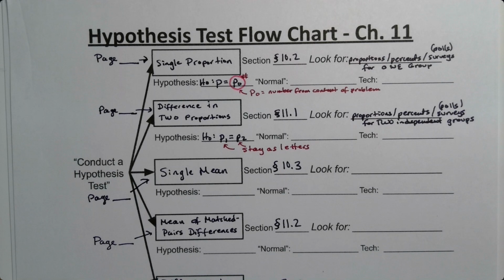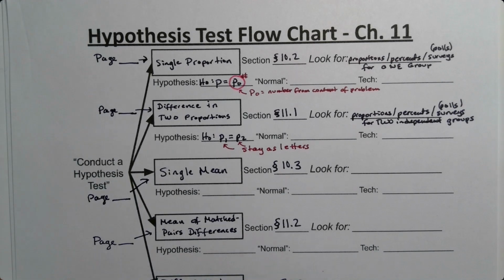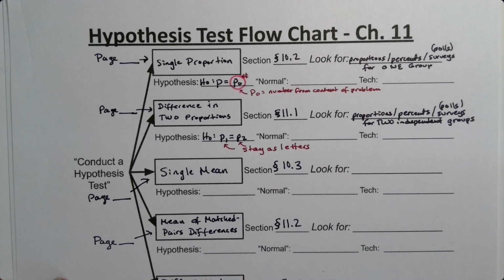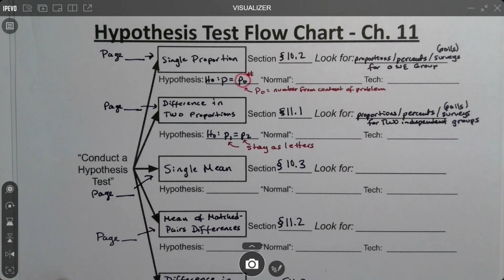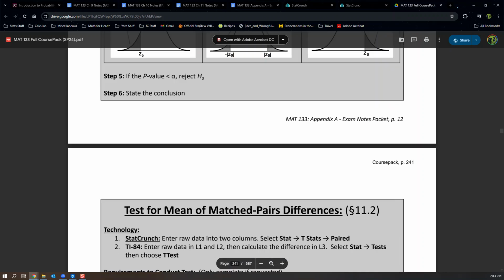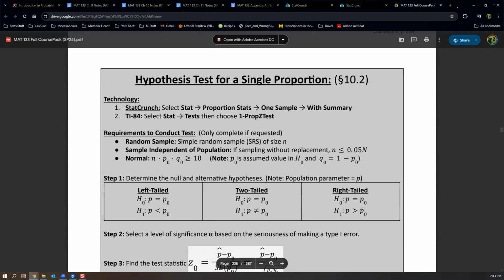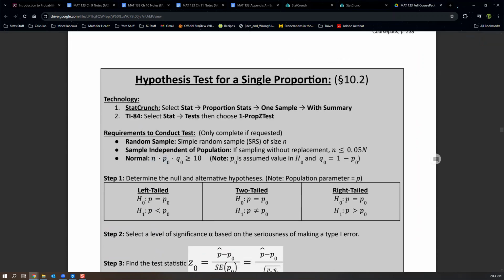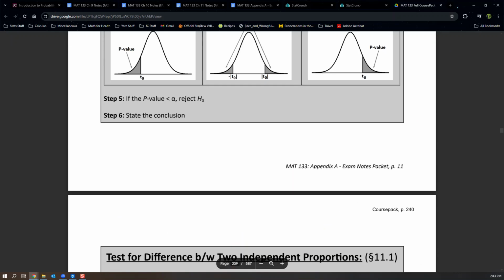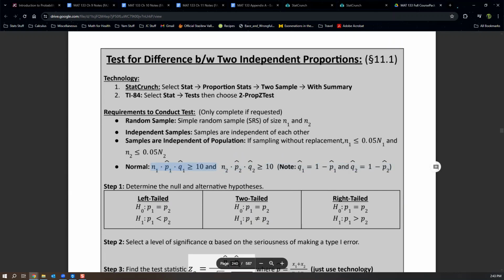All right, now because they're all proportions, the quality for being normal when you run the test is very similar. So if I look at section 10.2, normal is n times p0 times q0 is greater than 10. It's right here. And then when I look at two proportions, it's p hats, but it's the same idea.